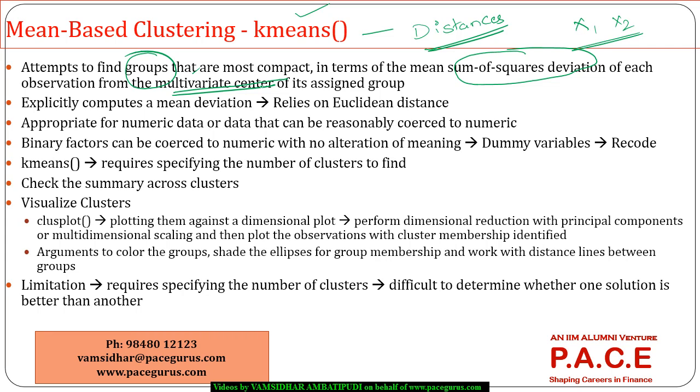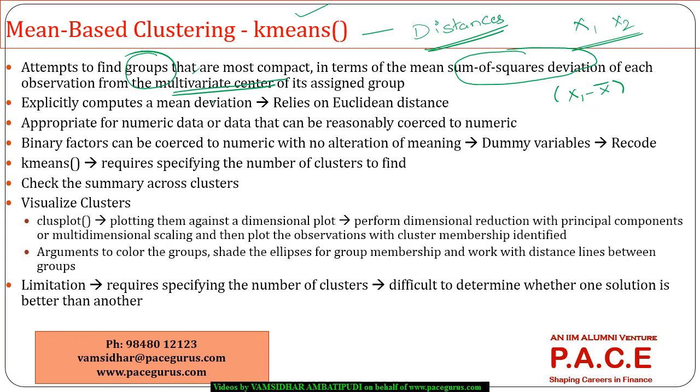So the center for each group is taken, and based on this, the observations, the customers, are sent into that particular group. So it is finding the group wherein the sum of squares of the deviation of each observation from its centroid, the multivariate center of its assigned group, is smallest.